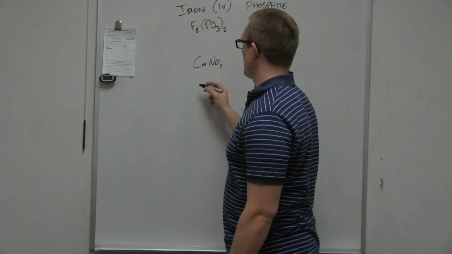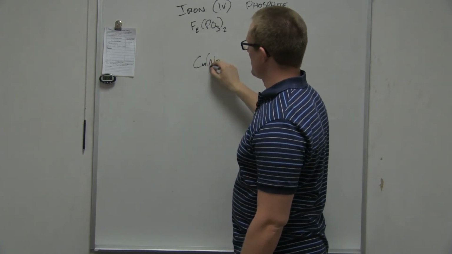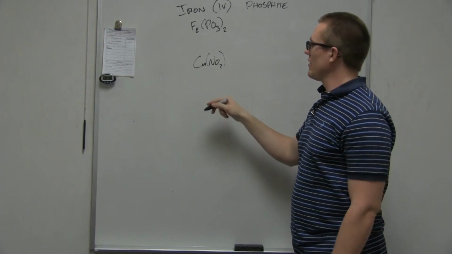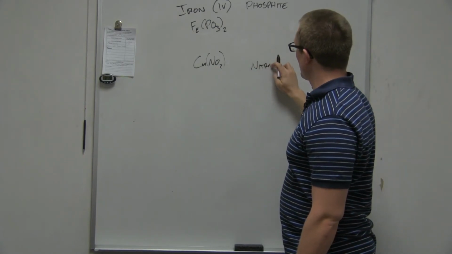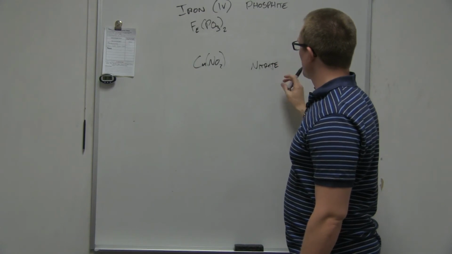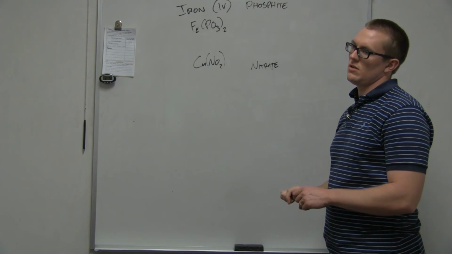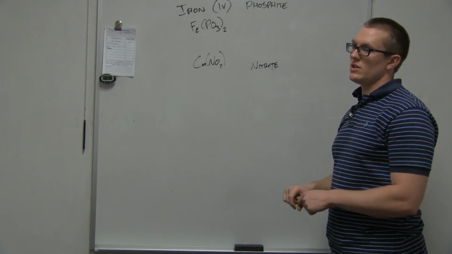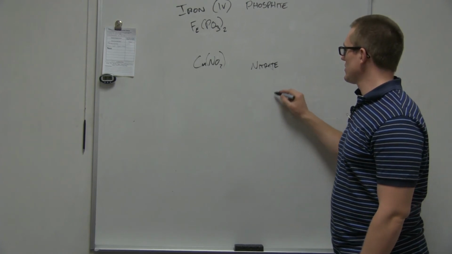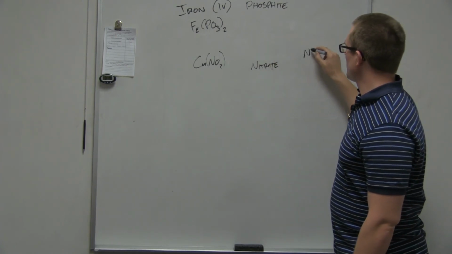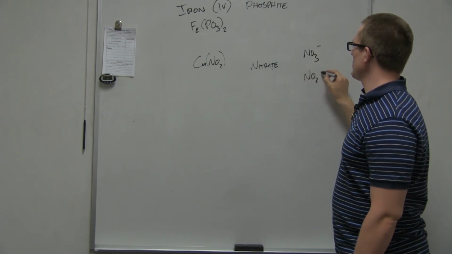I have copper, which would be copper(II), Roman numeral 2. So we know that this is a polyatomic ion right here, nitrite. And what is the charge on this? Isn't it -2? I think it's -1. It's the same as nitrate. Right, nitrate is NO3 minus, and nitrite is NO2 minus.